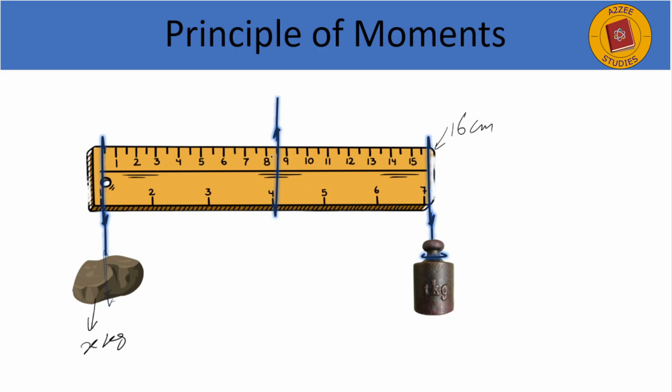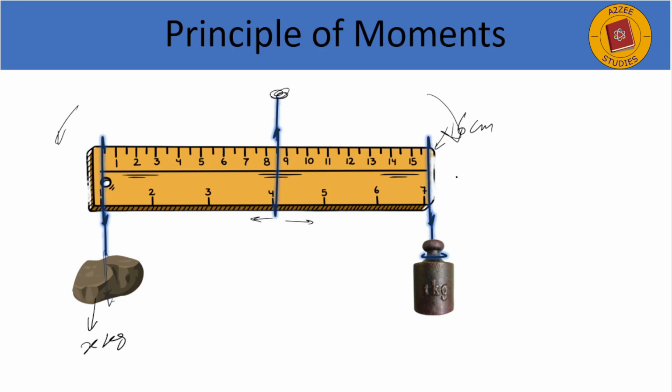Right, and then you attach a string in the middle and you hang it from here with your finger, and then you will see that the ruler is bending either this way or this way initially. Now you slide this point such that the ruler becomes horizontal.